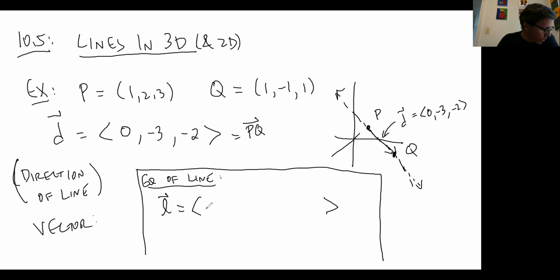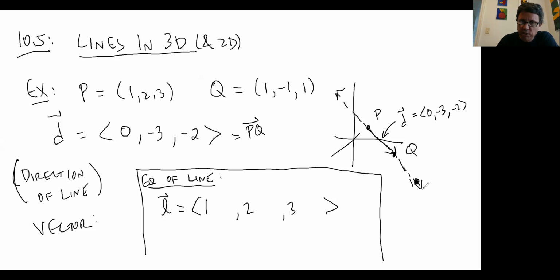So the way this is written is I will have my point, my base point as they call it, and you can use either point because there's nothing specific about a base point on the line. But I'm going to start at 1, 2, 3. And if I had one copy of D, I go over 0, up -3, and out -2, I would hit Q. But if I did it again, go the run of 0, a rise of -3, and an out of -2, I would hit the next one.